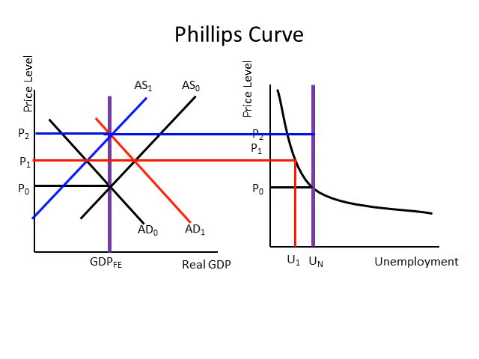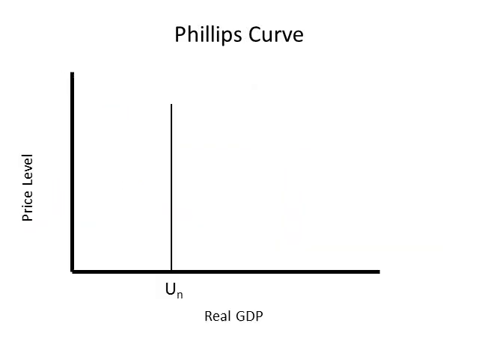Notice that the point where the price level P2 is associated with the natural rate of unemployment is not on the first Phillips curve. However, according to theory, there is a Phillips curve on which that particular price level and the natural rate of unemployment must exist. So there must be a new Phillips curve that comes into being with a higher price level and the same level of unemployment.